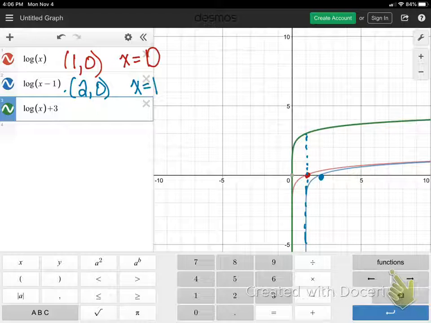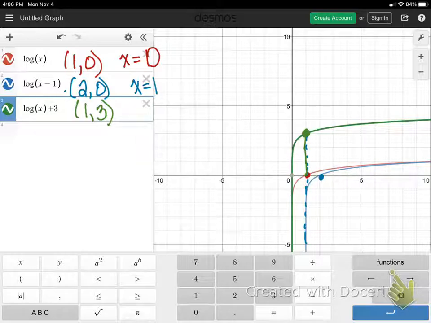Now, my green function has the plus 3 outside. So what's it going to do? Up, down, or left to right? Up, down. Here's the point that I'm looking at, and it's going to go up 3. 1, 2, 3. So that point that drives everything is now 1, 3. What is my asymptote, though, when I'm moving up and down?